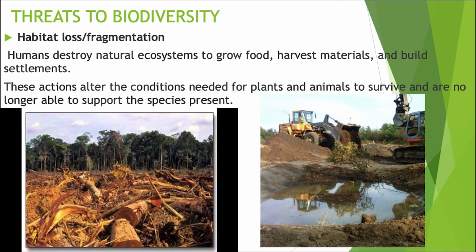When animal habitats are converted into other human uses, such as for agriculture and for built-up areas, they can no longer support the species that were originally present. This results in the displacement or the destruction of the biodiversity.